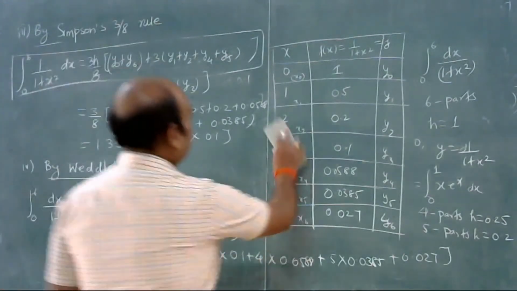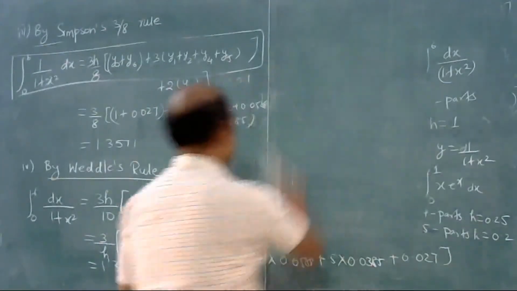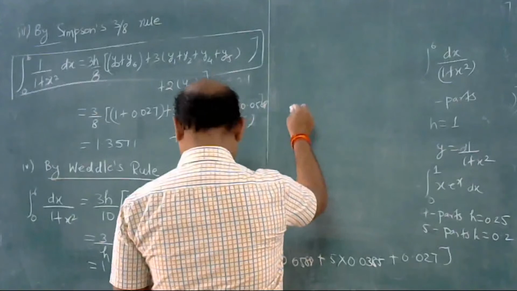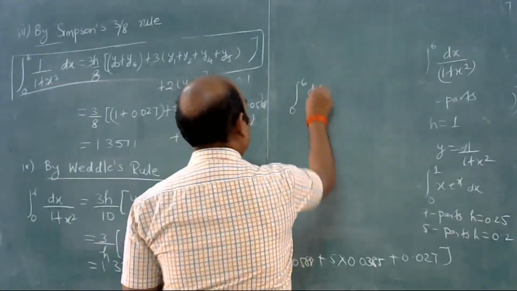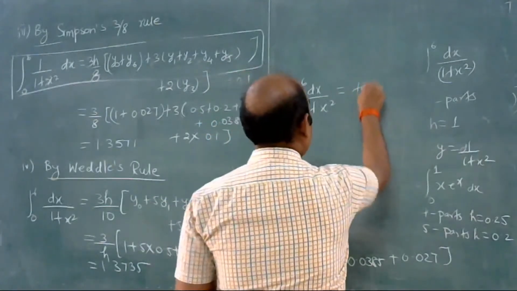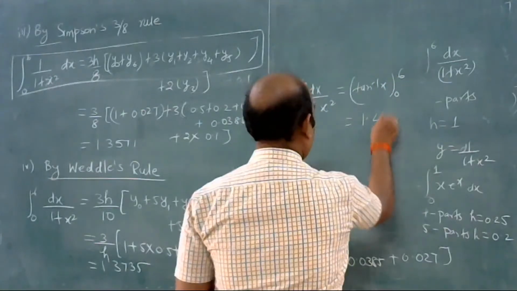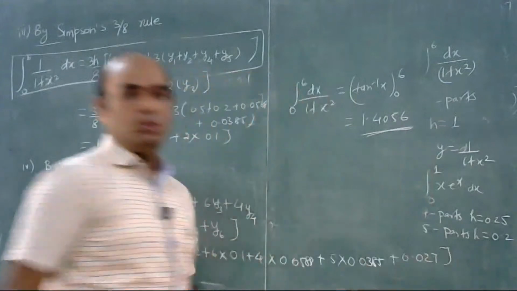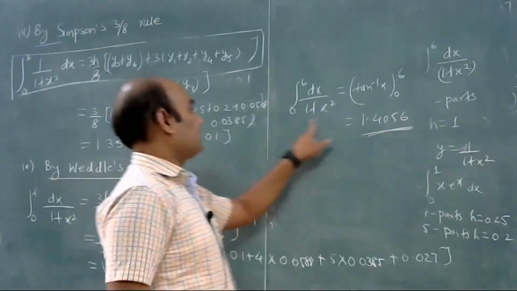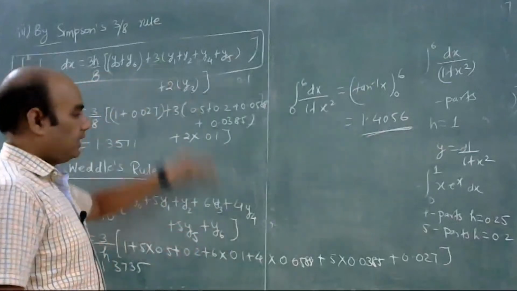If you integrate this dx by 1 plus x square from 0 to 6 using a calculator, it is tan inverse x from 0 to 6, which is coming to 1.405. So this is the actual value of the integration, dx by 1 plus x square, equal to 1.4056. So we are getting somewhere near the value.